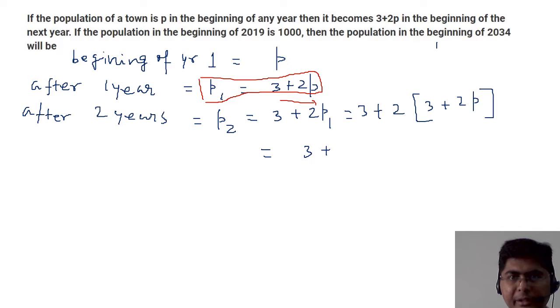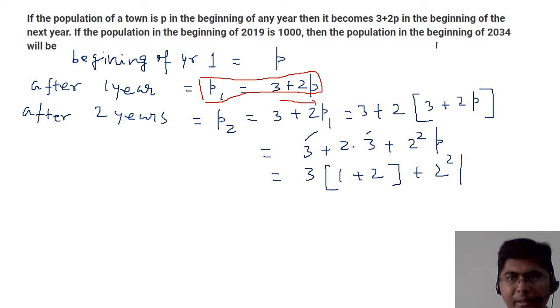So 3 plus 2 multiplied by 3 plus 2 square P. So if I put it like this, 3 in a bracket, see, look at 3 and these 3 are common. So 1 plus 2 plus 2 square P.